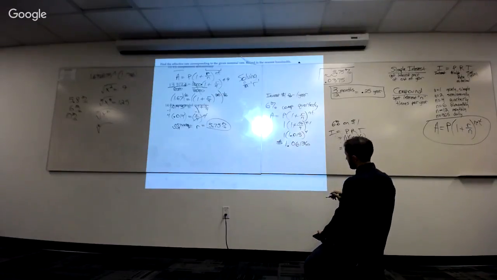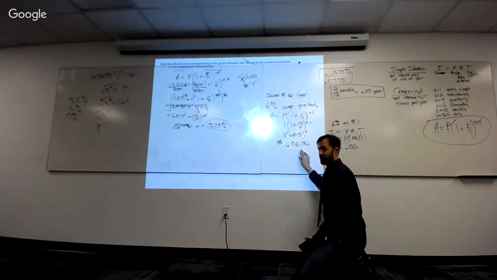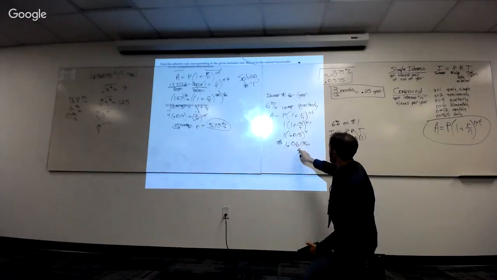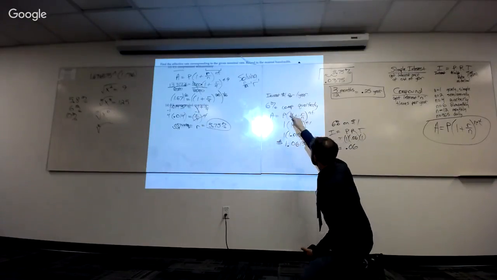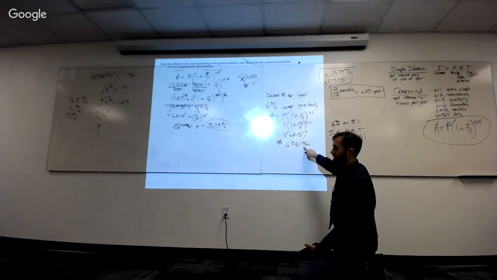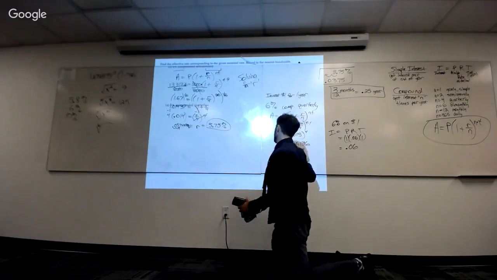Just 6 cents. I ended up with more than 6 cents. So the effective interest rate here, I got more than just 6%. By compounding quarterly instead of once a year, I ended up with a little bit more money. And so the question is, how much more money?